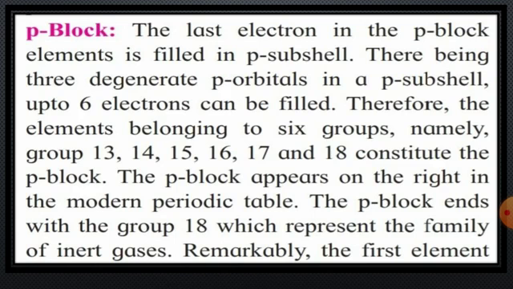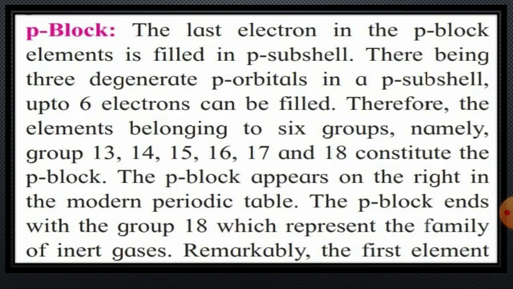And each orbital will contain 2 electrons. So how many degenerate p orbitals are there? 3. So 3 times 2 is 6. So it can accommodate 6 electrons. How many electrons can it accommodate? It can accommodate 6 electrons.